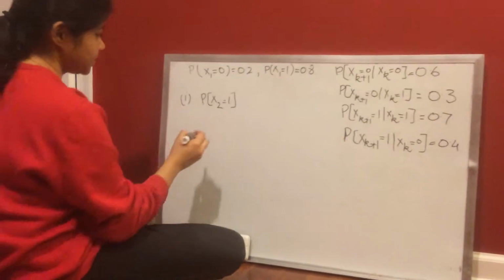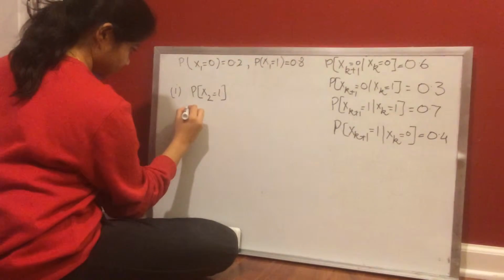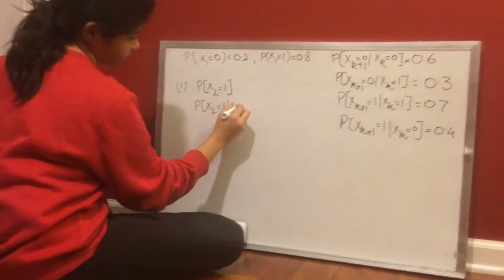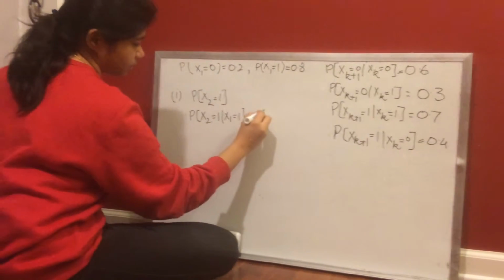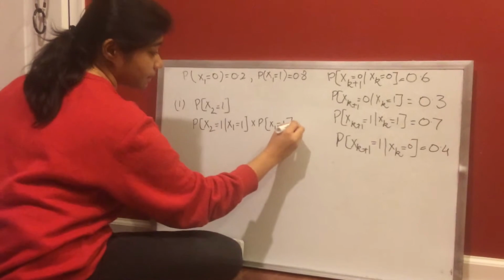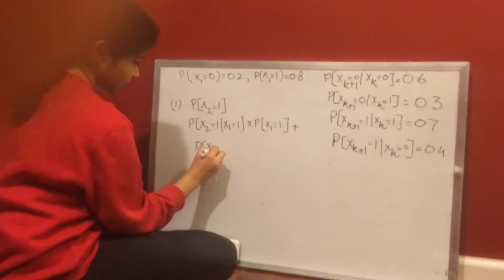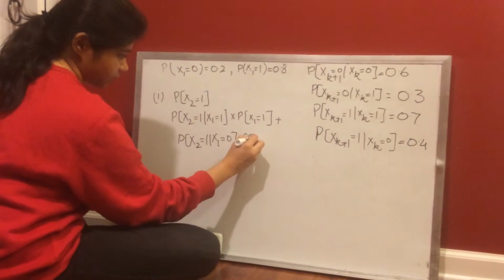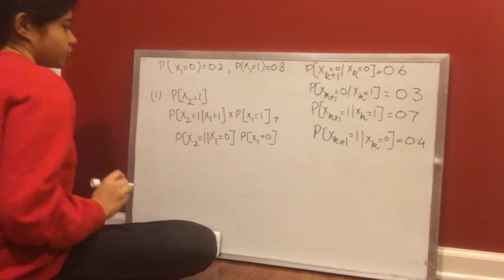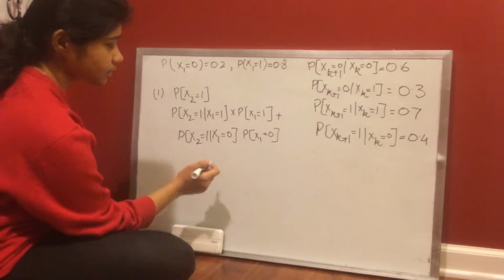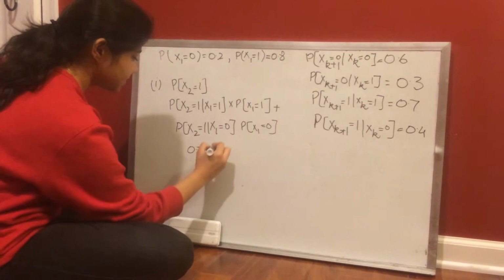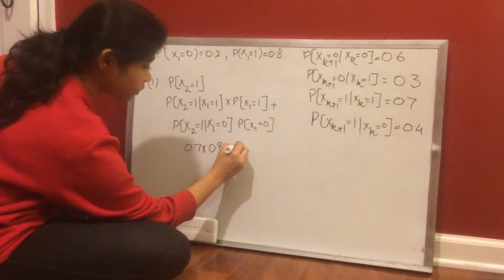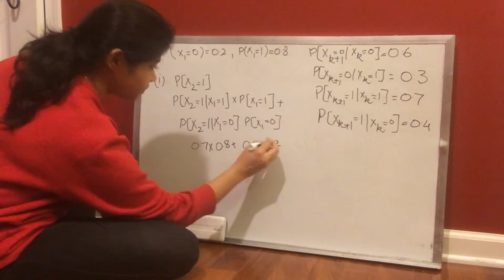In order to find this probability, I have used the formula: probability of x2 equals 1 given that x1 equals 1 multiplied by probability of x1 equals 1, plus probability of x2 equals 1 given that x1 equals 0 multiplied by probability of x1 equals 0, which will be equal to 0.7 multiplied by 0.8 plus 0.4 multiplied by 0.2.